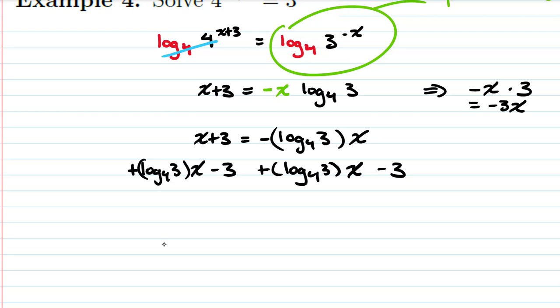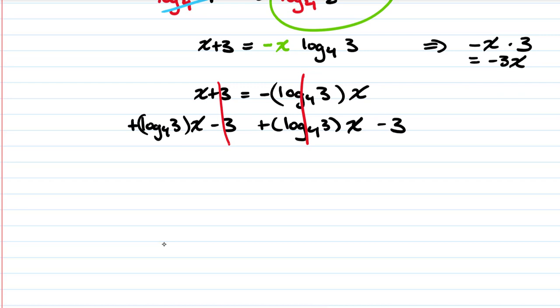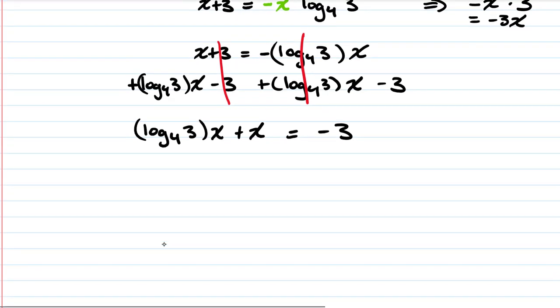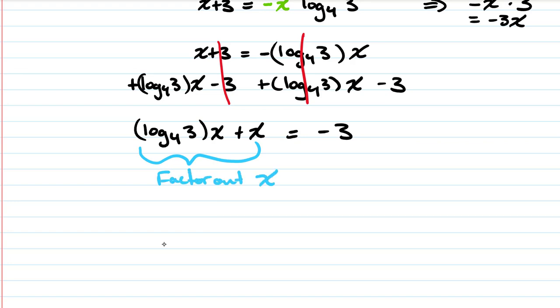And when I do that, these reduce out and those reduce out. And that leaves me with the logarithm base 4 of 3 times x plus x is equal to negative 3. Then on this side, I now have a common factor of x, so I'm going to factor out my x.